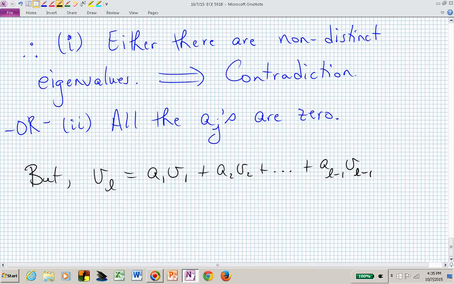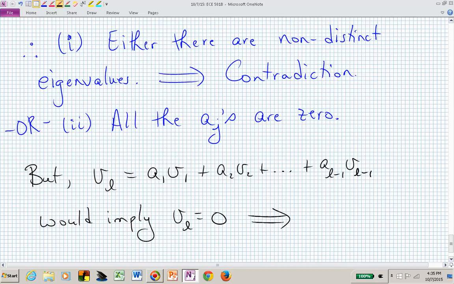If all of those a's are now 0, then that would imply that v sub l is 0, and that's a contradiction.